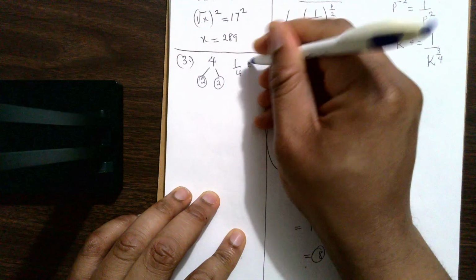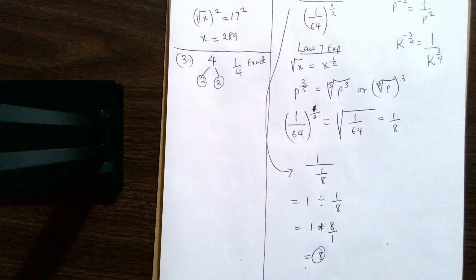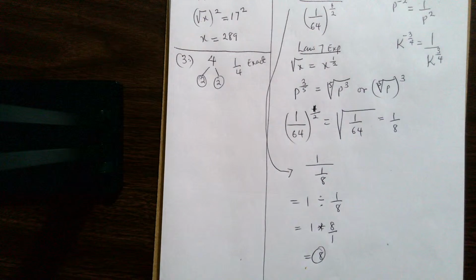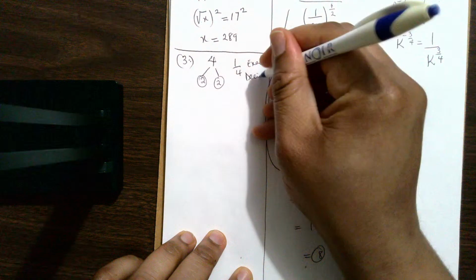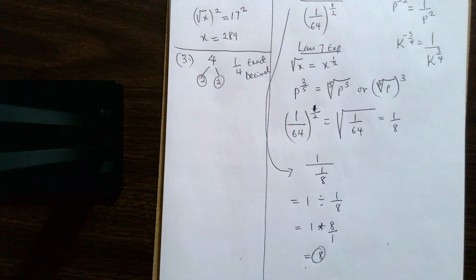Okay, it will give us an exact decimal. That's the terminating decimal, because the prime factorization of the denominator gives us 2. If it gives us 2 or 5, then the fraction will be an exact decimal.